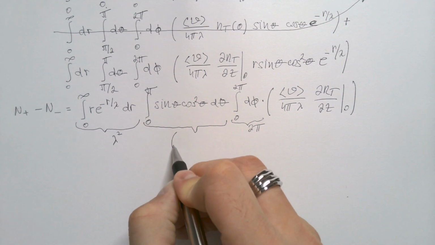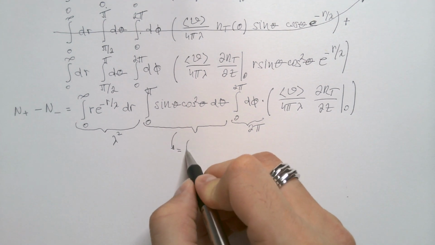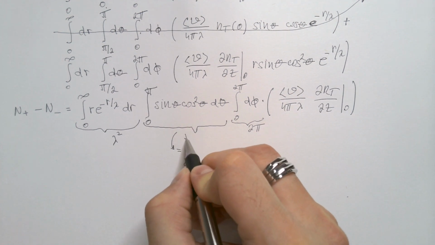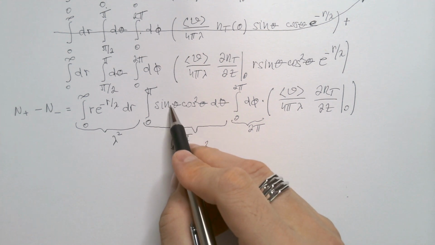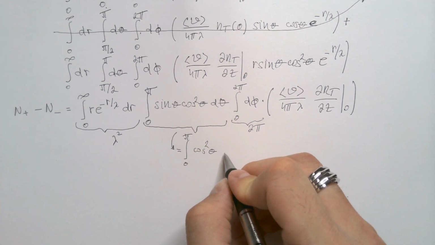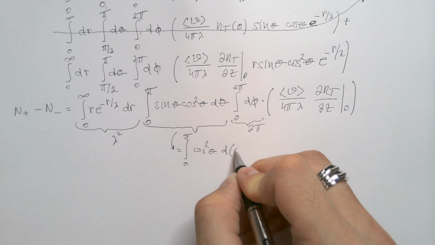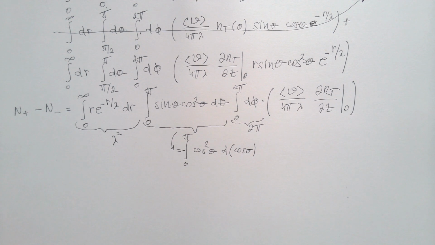This integral using the quick and dirty method becomes integral 0 to pi cosine squared theta, and sine theta I will say that is the derivative of negative cosine theta, so I have to put a negative here.